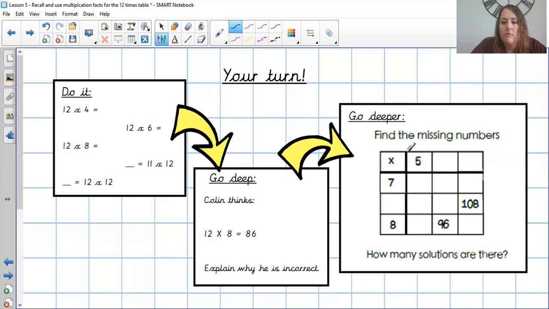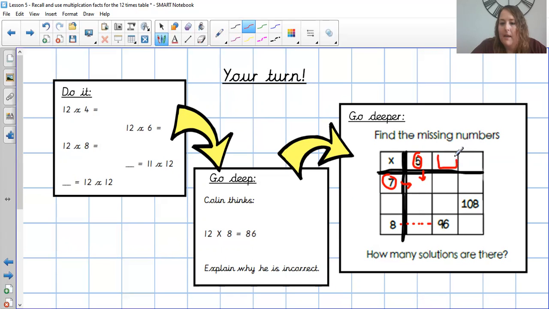So again, I'm going to really clearly pop these dark lines in both sides, and hopefully by now we know that whatever answer is at the top that we've multiplied across. So 5 times 7, first of all, that answer would go in this box. 8 times by something is 96.